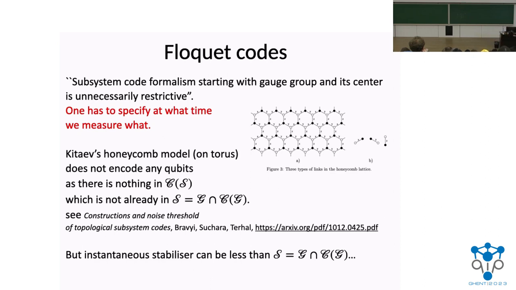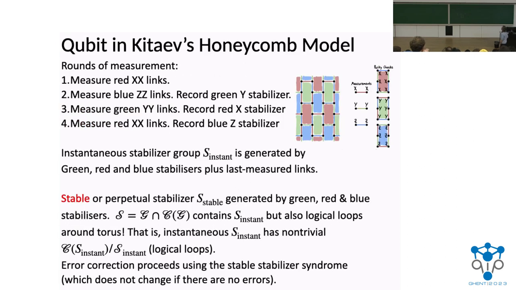But the point is that the stabilizer that you are currently in, meaning that the current state is the +1 eigenstate of that stabilizer, is not necessarily equal to that. It can be less than that, and therefore there's some freedom that you have that you haven't used.